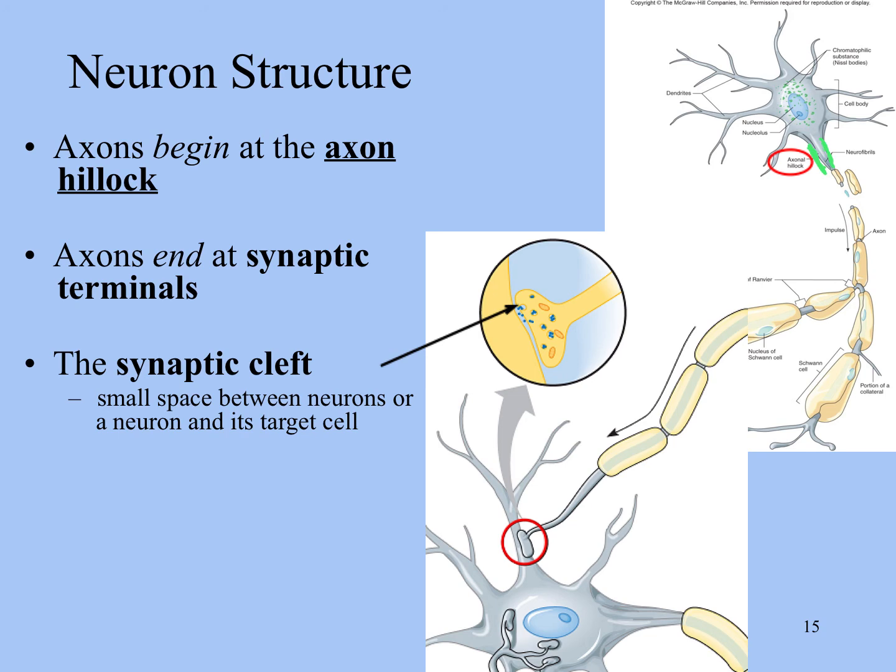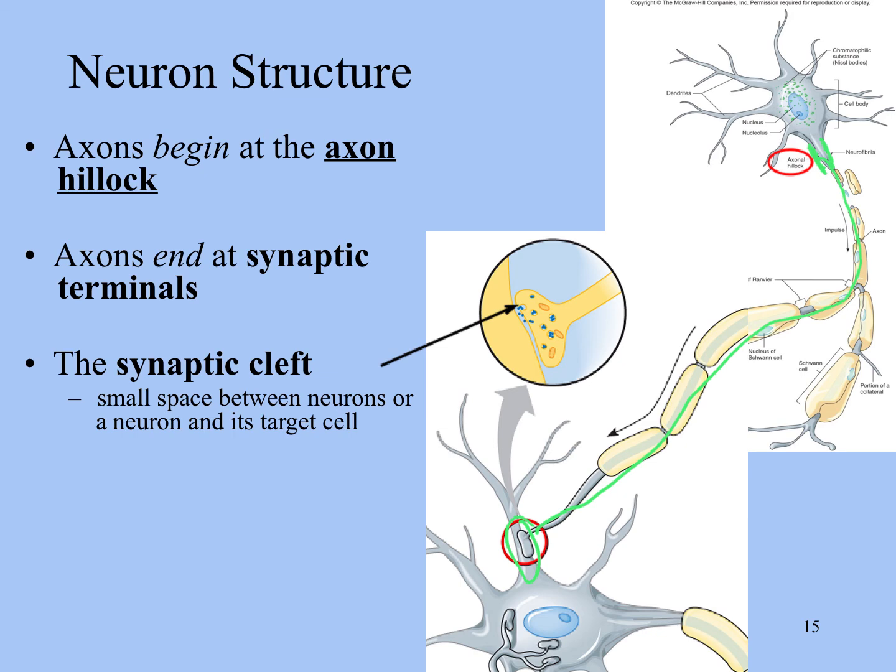And it's in this axon hillock where you have a large concentration of voltage-gated sodium channels, which will start the action potential when they get triggered. If we follow the axon all the way down to the end, we come to the synaptic terminal, otherwise known as the synaptic button or synaptic knob.